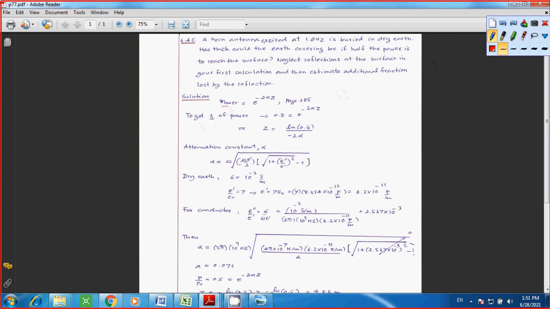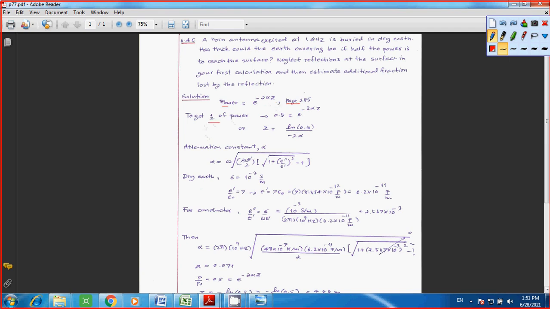Where your power ratio, from page 285 of the textbook, is equal to exponential negative 2 alpha z, where alpha is the attenuation constant and z is the depth.